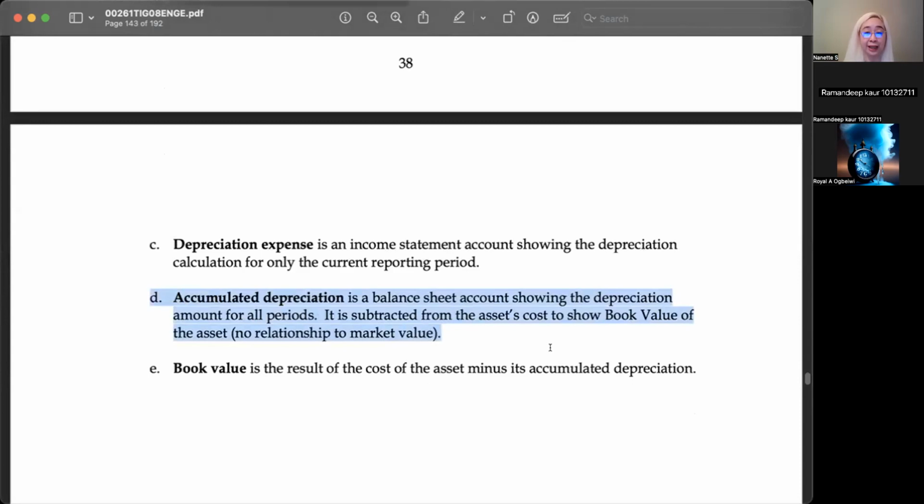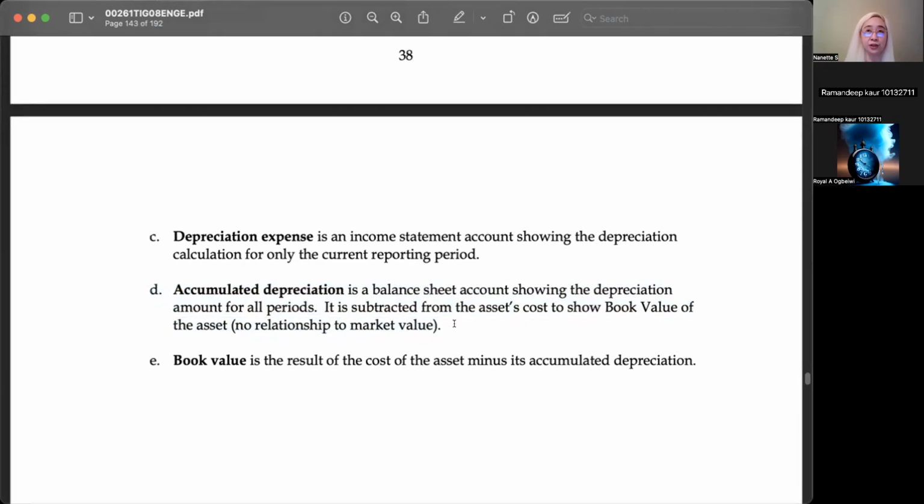Now, Raman, what is accumulated depreciation? Accumulated depreciation is a balance sheet account showing the depreciation amount for all periods. It is subtracted from the assets cost to show book value of the assets in relationship to market value. Yes.